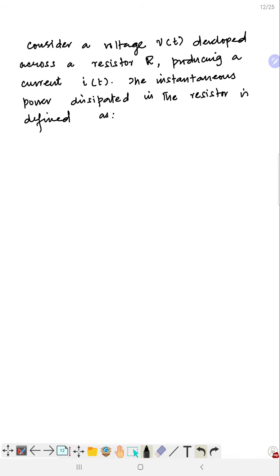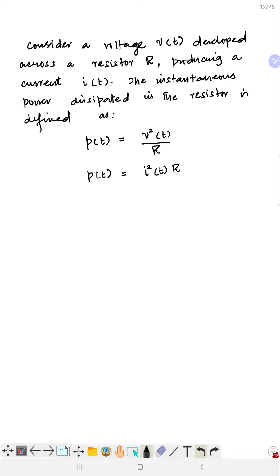The instantaneous power in the resistor will be defined as, it is a basic relation that you have from your basic electrical engineering. If you express it in terms of voltage, it will be the instantaneous value of voltage squared divided by the resistance. Or equivalently, you can also express the instantaneous power dissipated as i squared R. Right? These are two equivalent relations.